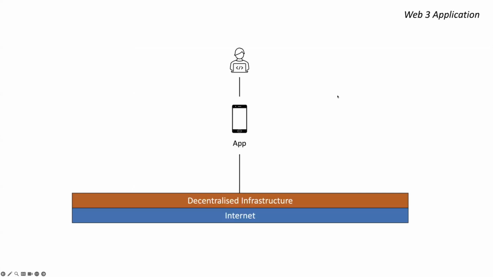In Web 3, we are changing that architecture. So we no longer need a backend server because the backend is provided by decentralized infrastructure. So that's blockchains, it's off-chain storage systems like Bubble. And so Web 2 services become effectively just an app.